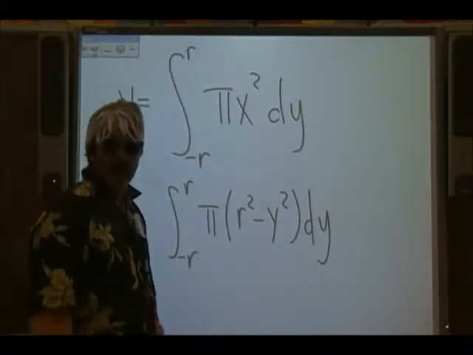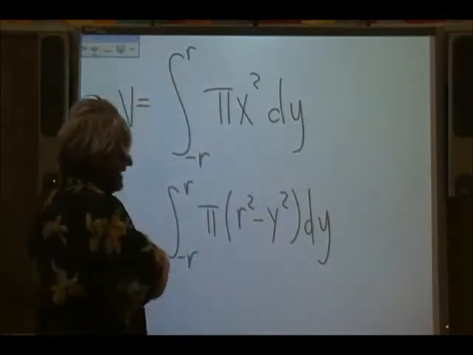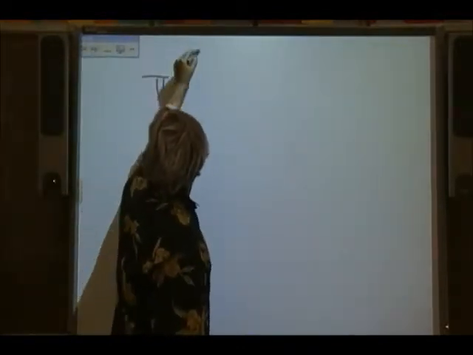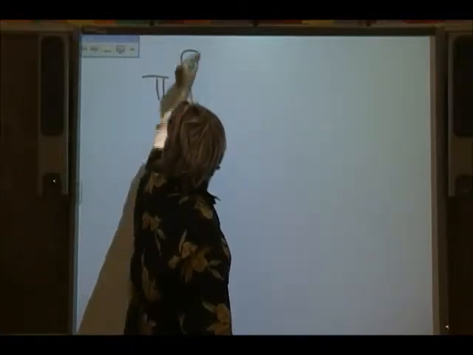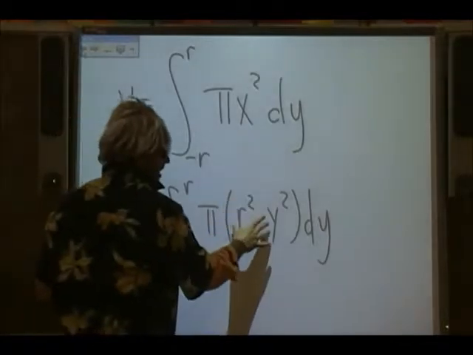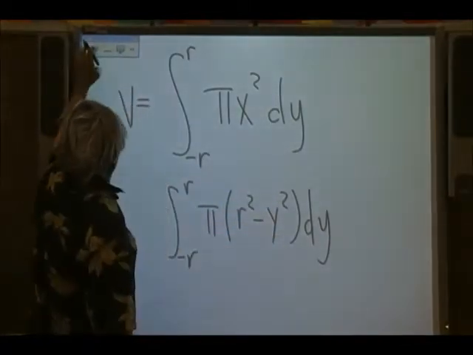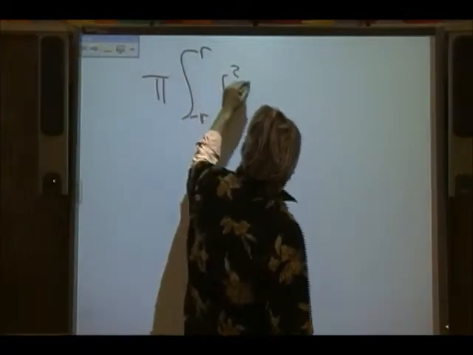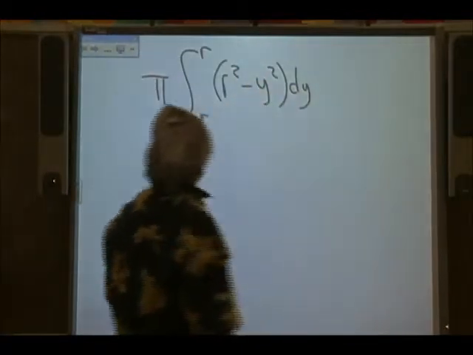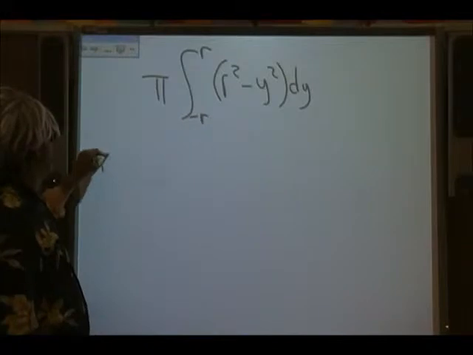Well, this pi is a constant, so I move it outside. I'm going from r to negative r, and I'm left with r squared minus y squared dy. Now, we keep the pi.